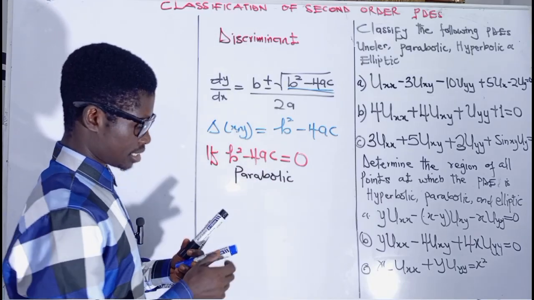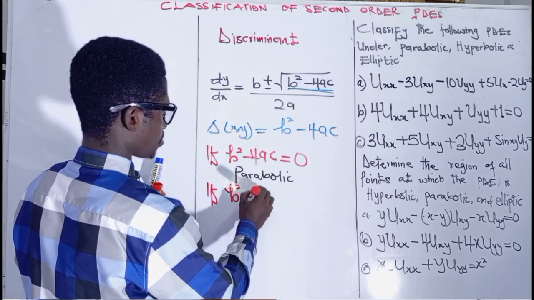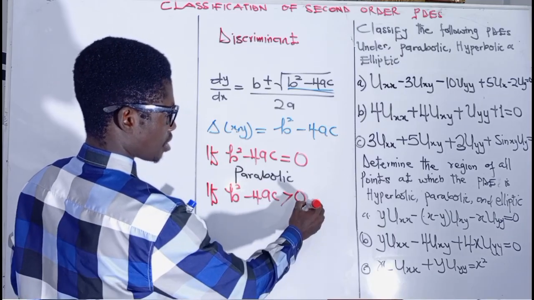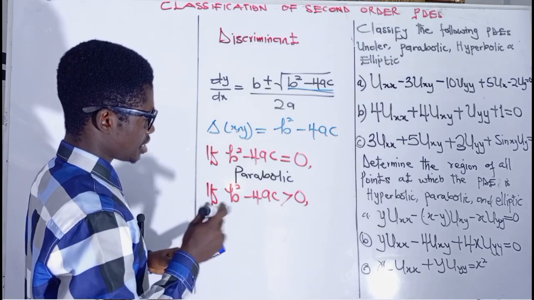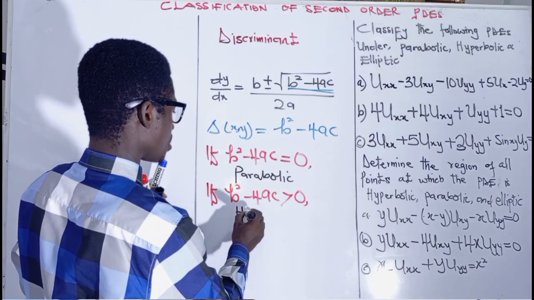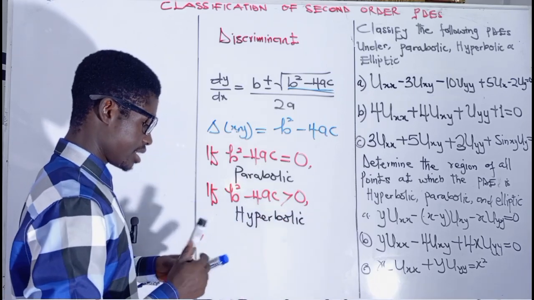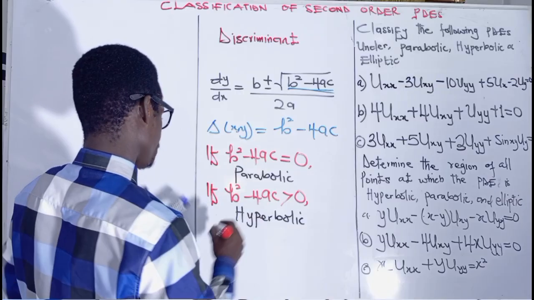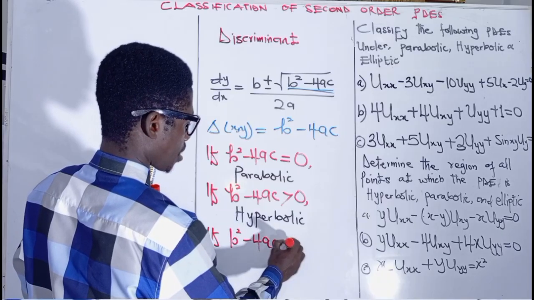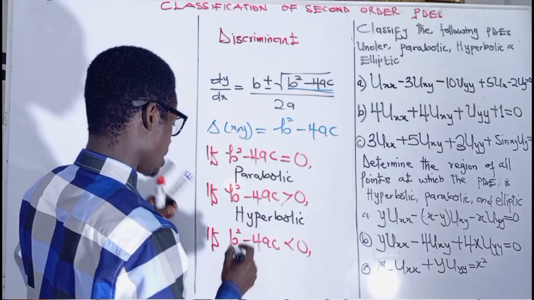Also, if the discriminant is greater than 0, then we say that the PDE given is hyperbolic. And then lastly, if the discriminant is less than 0, then we can say that that PDE given is what? An elliptic.